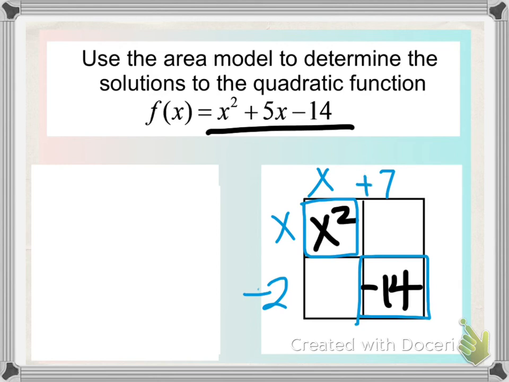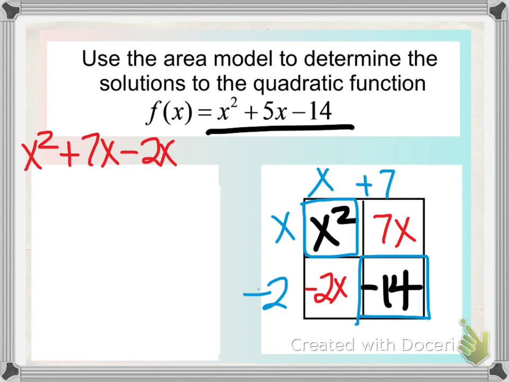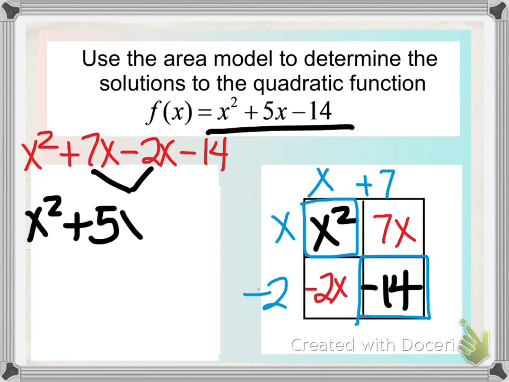So if I do that and check, that gives me 7x as the area of the second box and negative 2x as the area of the third box. So if I combine the areas and add them together, I would write down all of my terms, and then I would have to combine my like terms. 7x minus 2x is 5x, so that gives me x squared plus 5x minus 14, which is the same as my original expression, so I know my factors are correct.